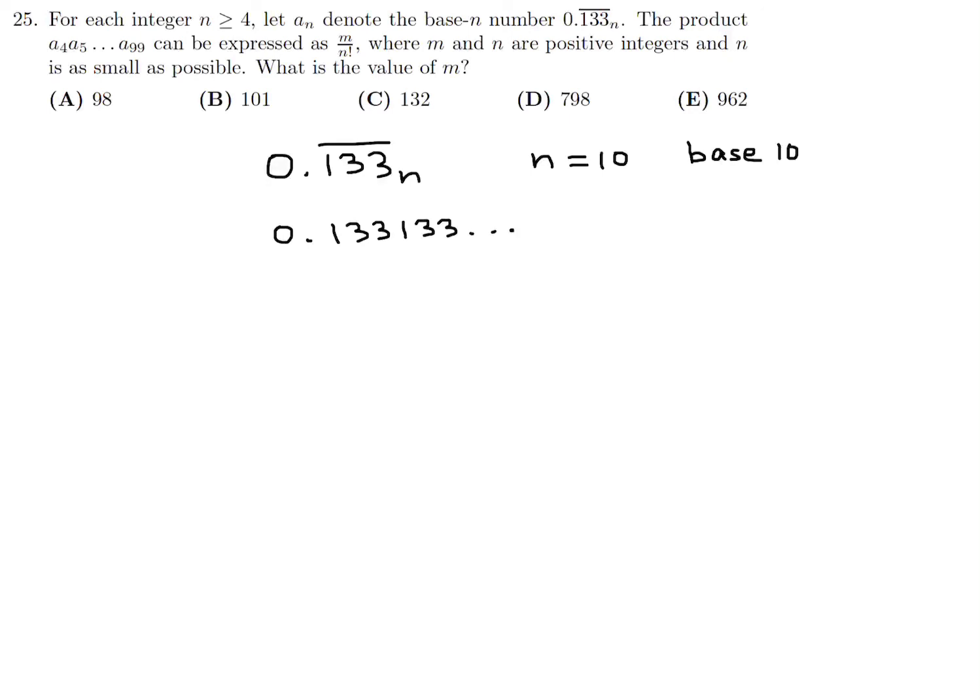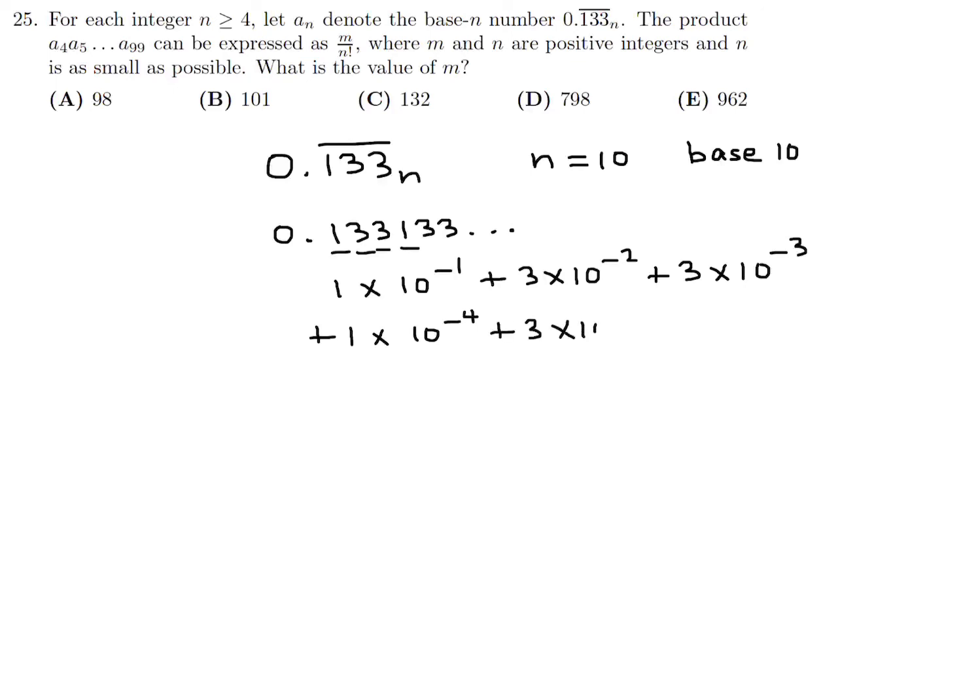So this would be written in base 10 as 1 times 10 to the negative 1 for this digit, plus 3 times 10 to the negative 2, plus 3 times 10 to the negative 3, plus 1 times 10 to the negative 4, plus 3 times 10 to the negative 5, and then 3 times 10 to the negative 6 for the sixth digit, and so on.